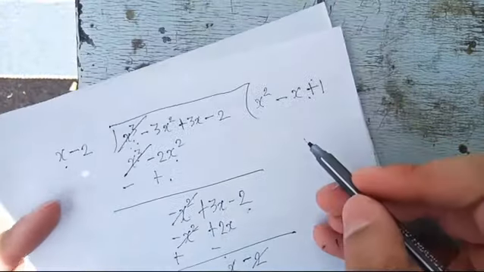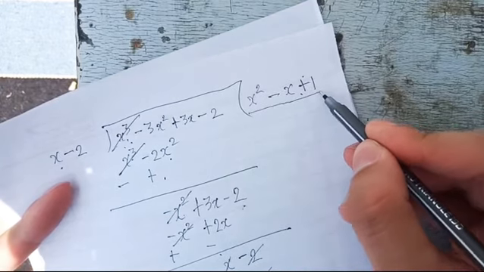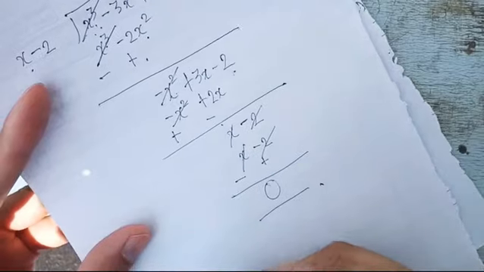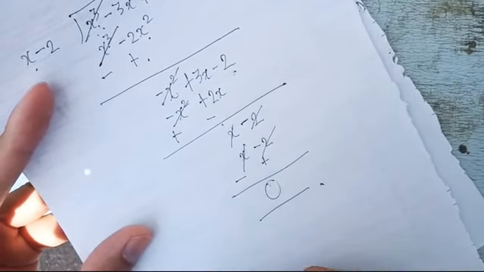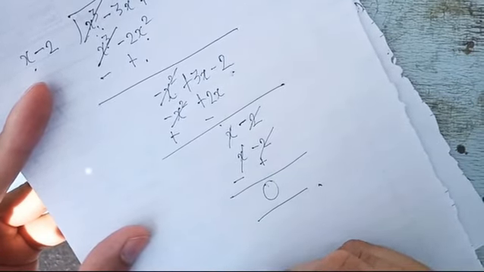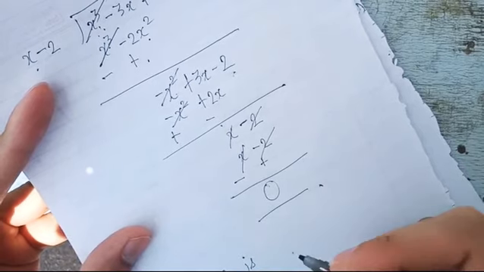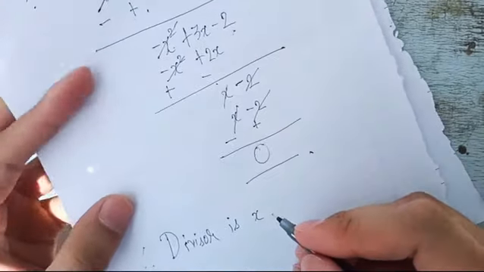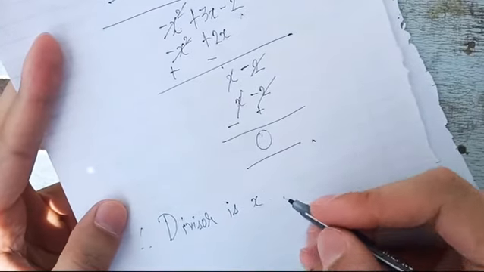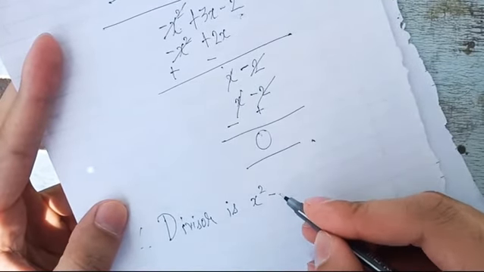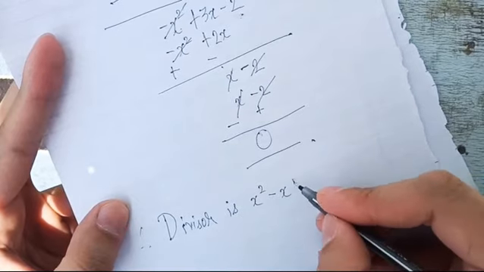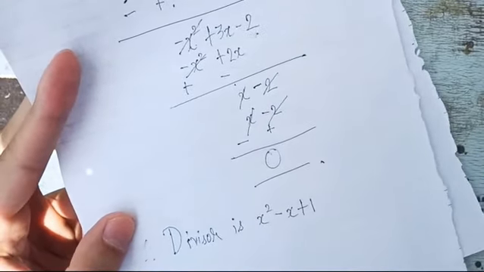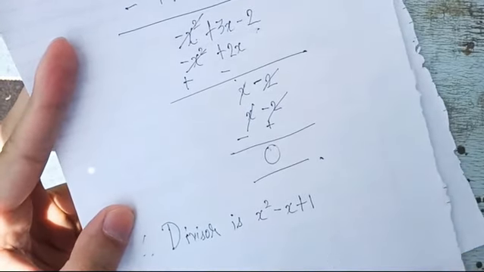So the answer is x square minus x plus 1, and that is the divisor. Therefore the divisor is x square minus x plus 1. That is the divisor and that is the answer.